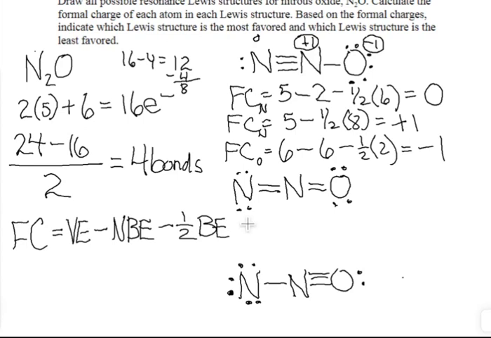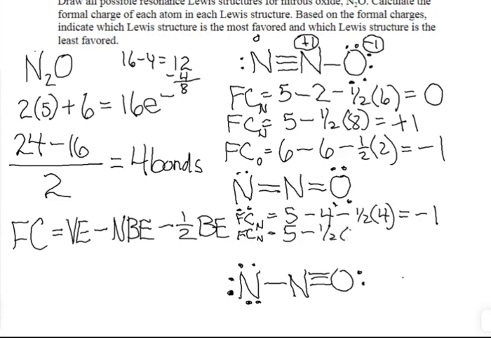Now let's do the second one here. The formal charge on this first nitrogen is going to be 5 minus 4 minus 1/2 times 4. So that'd be 5 minus 4 minus 2, or -1. Formal charge on the second nitrogen would be 5 minus 1/2 times 8, or +1.